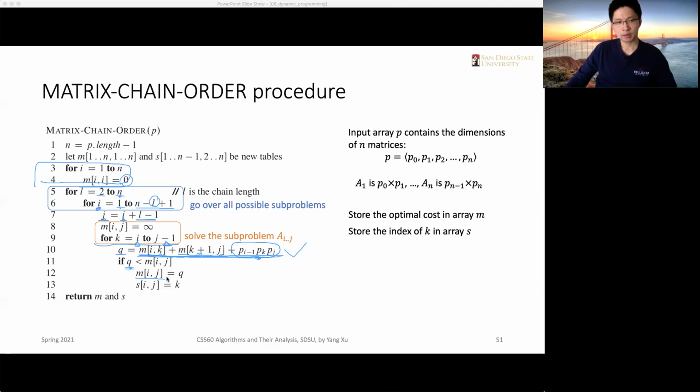Only when Q is smaller than M[i][j], we copy the value of Q to M[i][j], and also copy the place where we cut the matrix to S[i][j]. Eventually we return M and S.